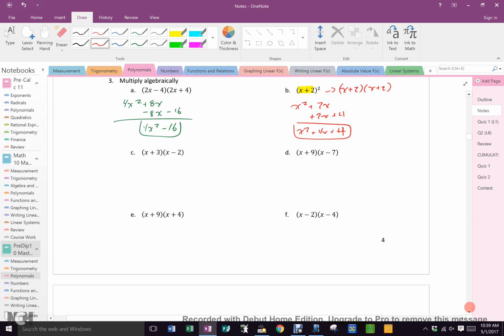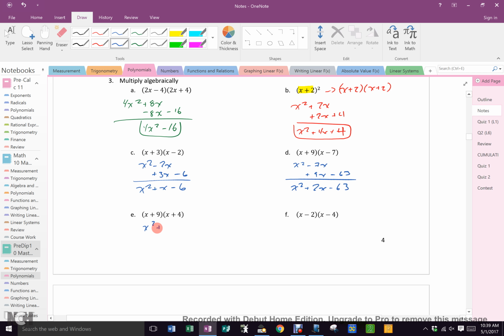Great. And let's finish these up. It will only take a second. X squared minus 2x plus 3x minus 6. X squared plus x minus 6. X squared minus 7x plus 9x minus 63. X squared plus 2x minus 63.